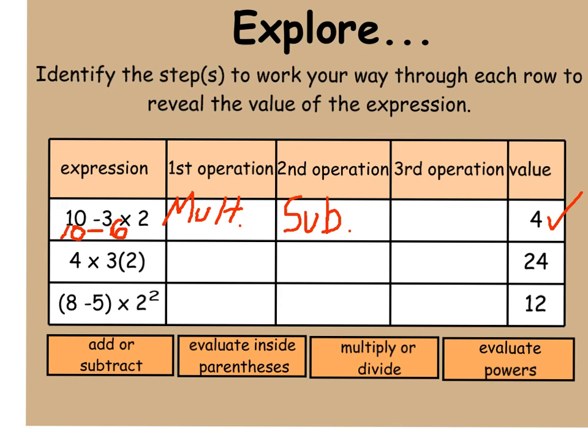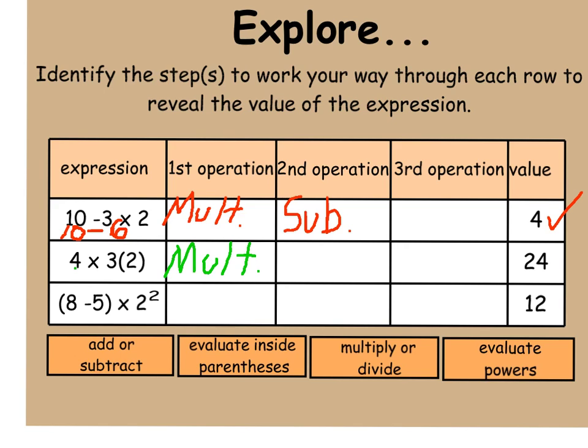Looking at our next problem, we have 4 times 3 next to a parentheses 2, and we know that that means that they're going to multiply. So this means 3 times 2. So our first operation here is going to be multiplication.